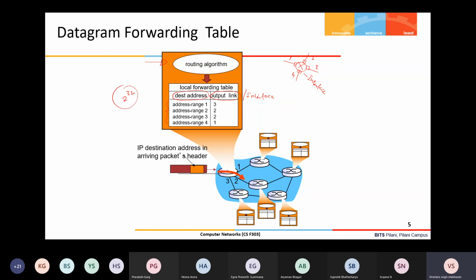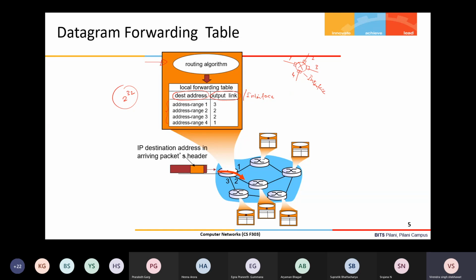This is a very large number of entries, it consumes a lot of memory, and searching will be very complicated. It's not practical to store all 4 billion entries in each router, because updating also takes more time. So we'll see what the practical solution is.